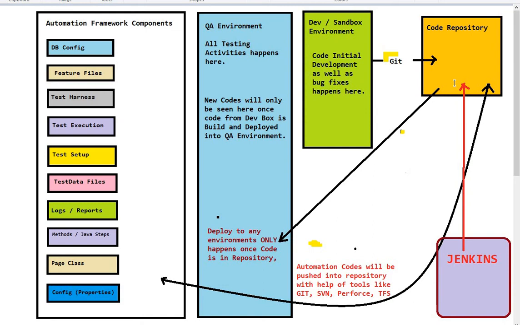QA environments are also called testing environments. This is the environment which has integrated applications, so all the different applications are here. Code that works in the dev environment may not always work in the QA environment, but as a tester, your job is to ensure the requirement has been met and that it works as it is integrated with all the different applications.